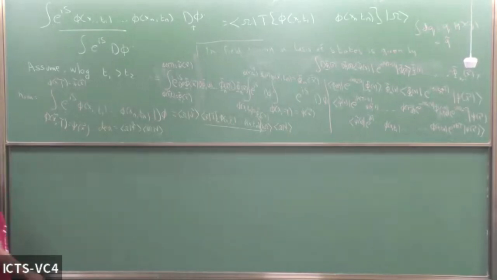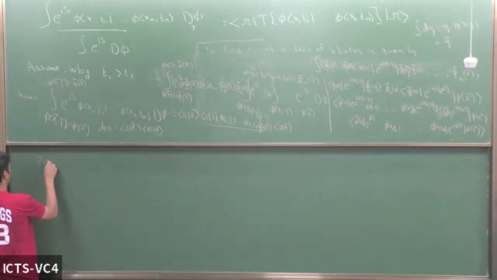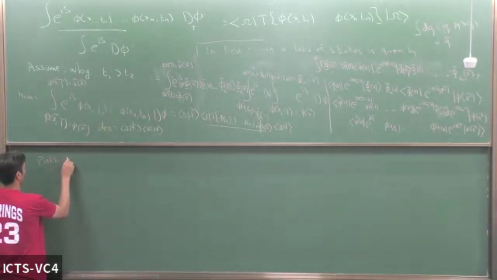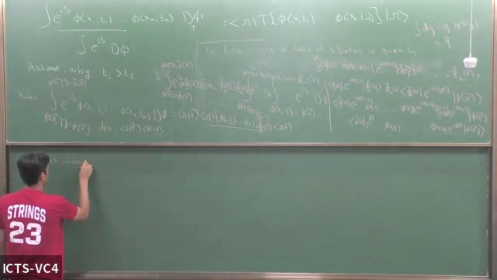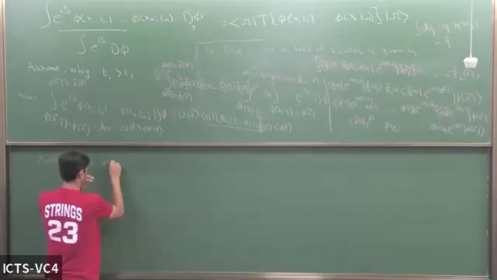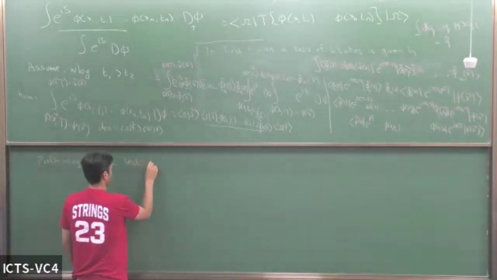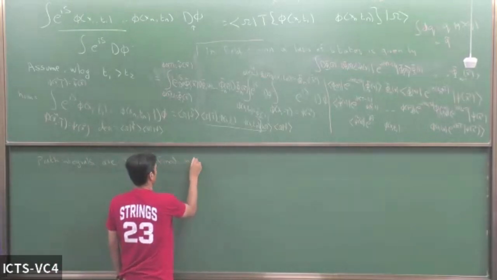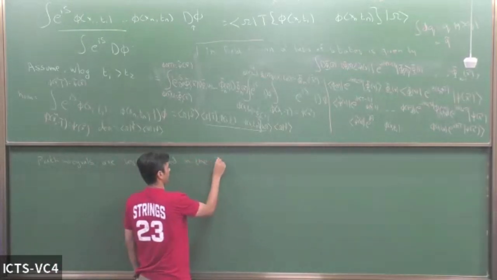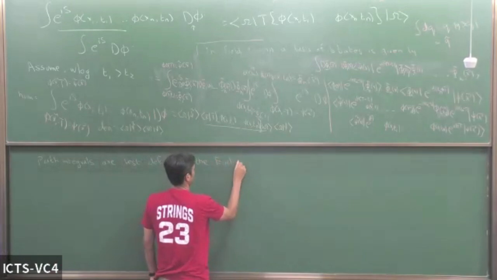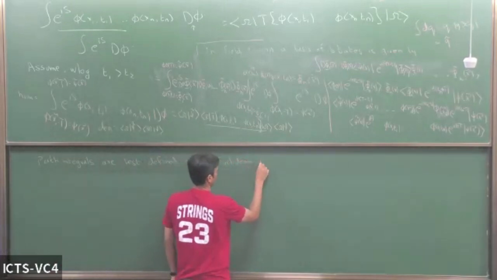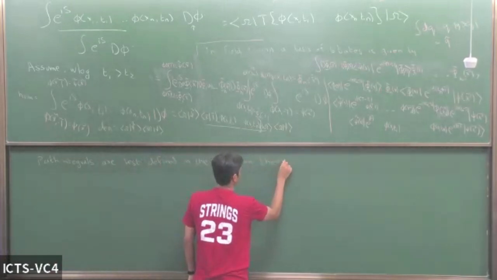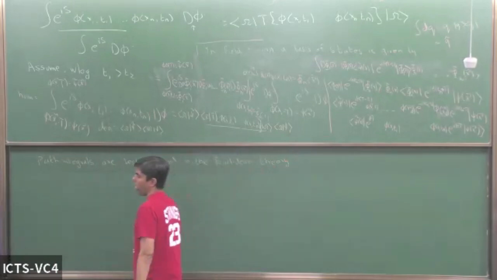So these path integrals are best defined in the Euclidean theory. What does that mean?